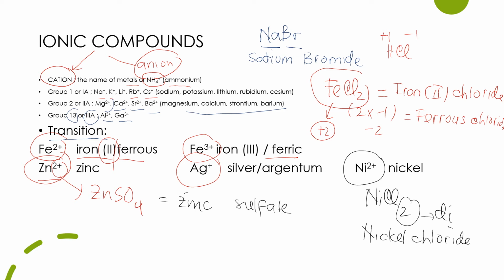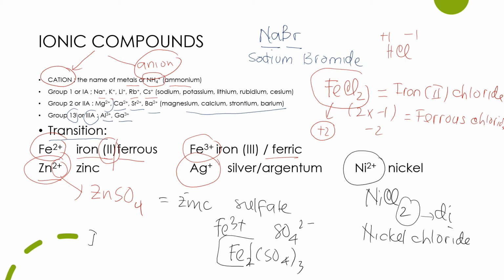Or when we have Fe3+ joined with SO4 2-, the formula becomes Fe2(SO4)3. The name: just the name of the cation, that's the name of the metal.